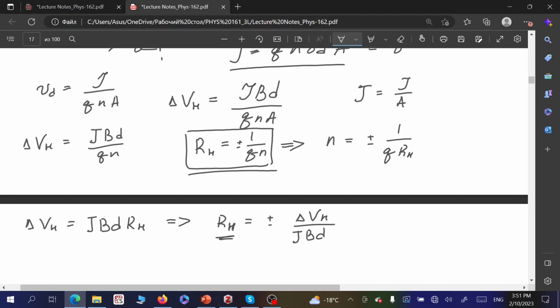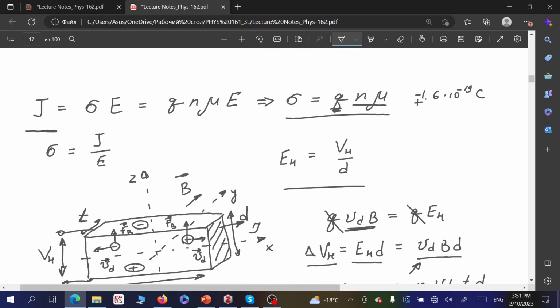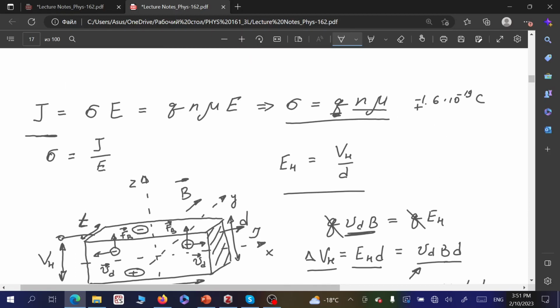Once we know the concentration of charge carriers, we can come back to the previous equation. Sigma, we can measure it easily. It's J over E. And sigma is Q times N times mu. Now we know sigma, we know N, and we easily get mu.